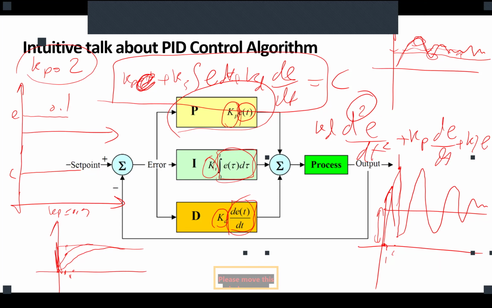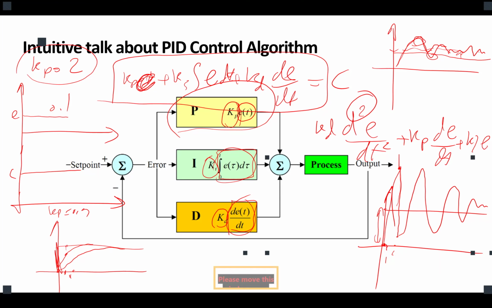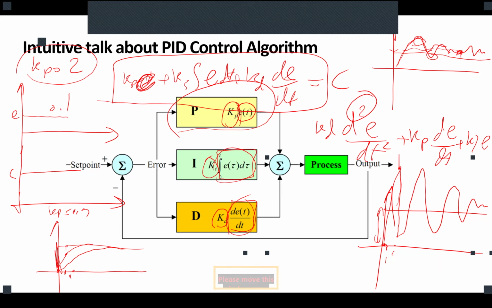If I define the Ki as like 0.01, 1%, how much effect would the I part, the integral part, have in the overall control signal at the output? Not very much. Okay, so it would eliminate a little bit of the error.